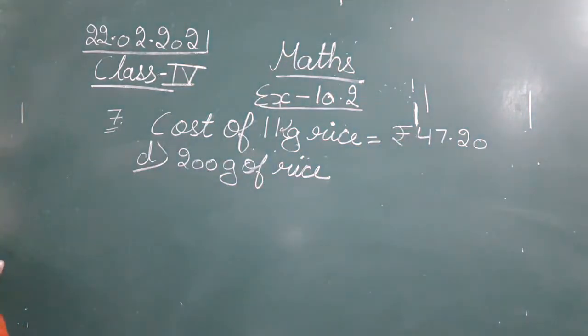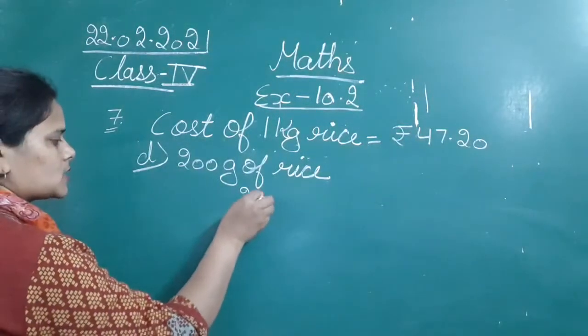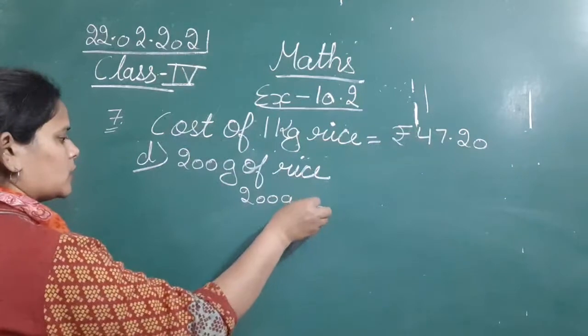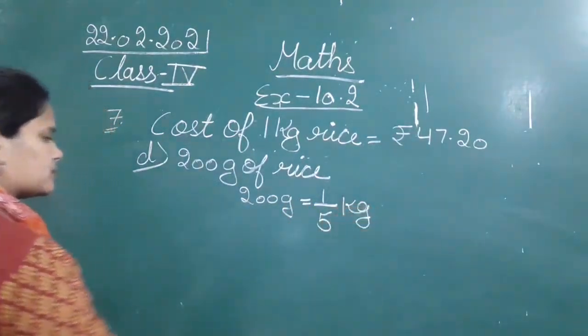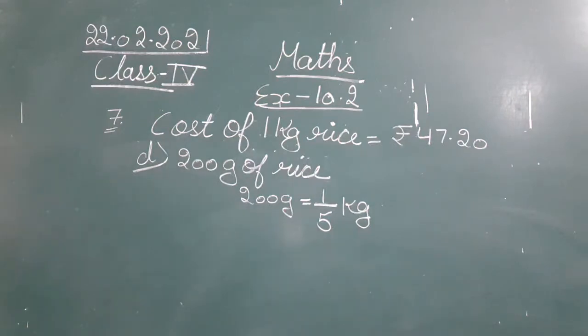Okay. So 200 gram means 1/5 kg. 200 gram means 1/5 kg. Okay.